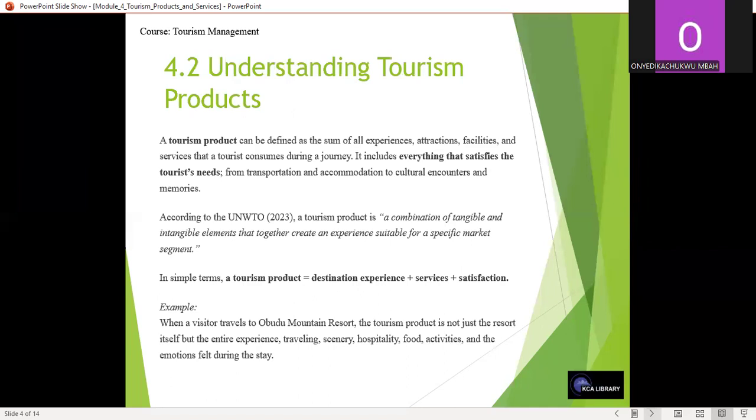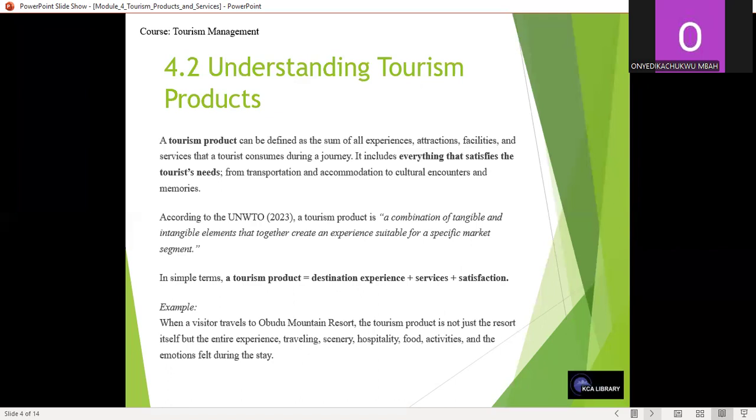Now we're talking about understanding tourism products. A tourism product can be defined as the sum of all experiences, attractions, facilities, and services that a tourist consumes during a journey. It includes everything that satisfies the tourist's needs, from transportation and accommodation to cultural encounters and memories.